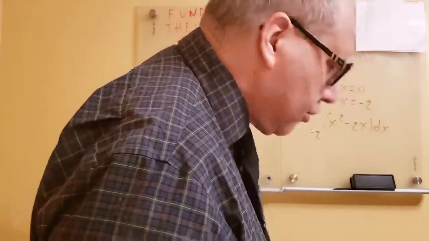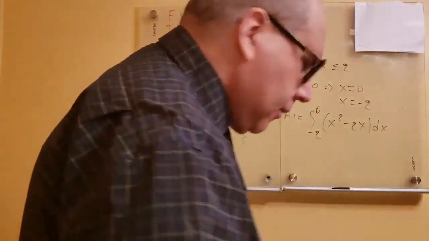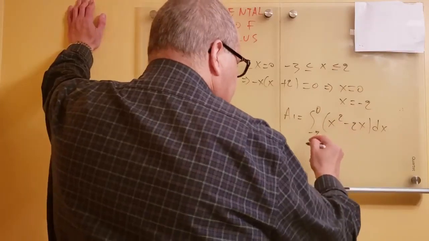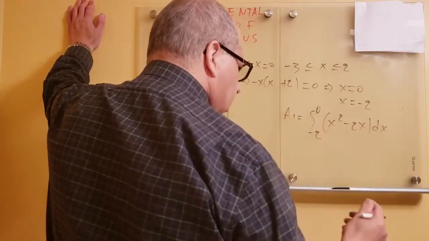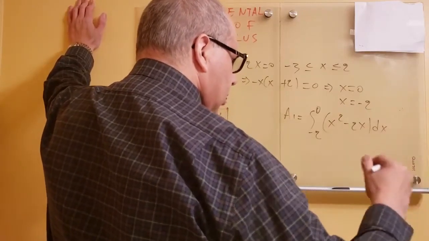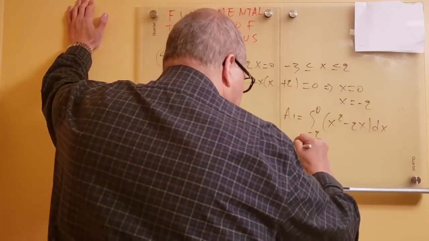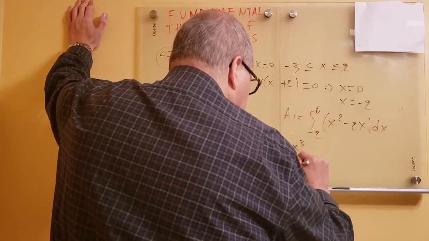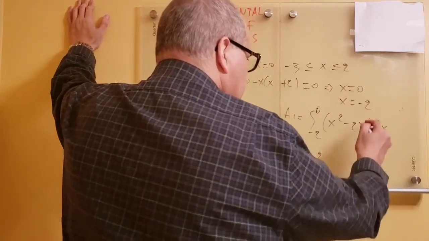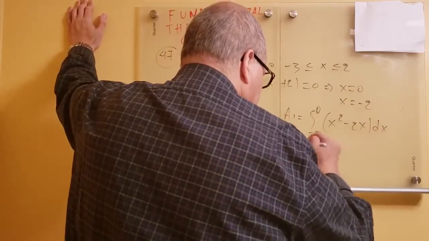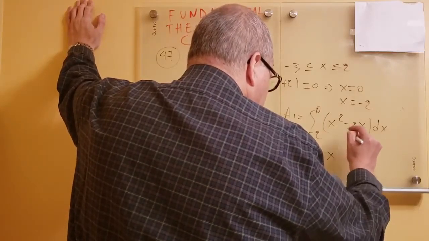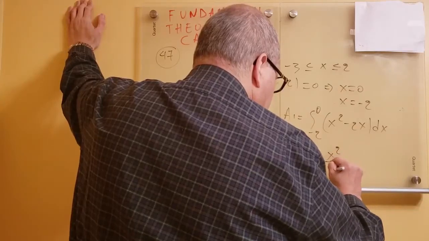Since we have done it so many times, the integral of x squared, if you use the formula that the integral of x to the n is x to the n plus 1 over n plus 1, should be x to the third over 3, and the integral of 2x, again with the same rule of integration, should be x to the 2 over 2.